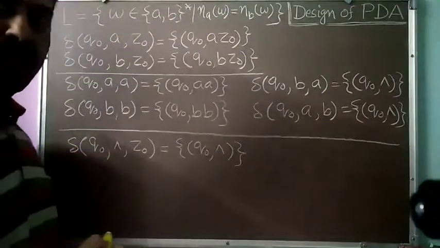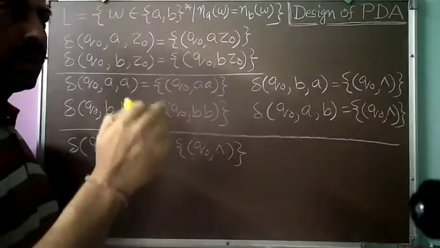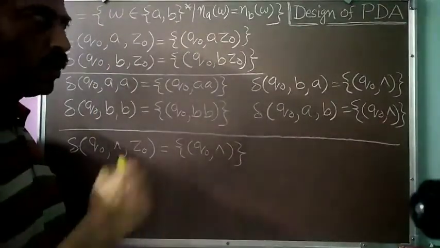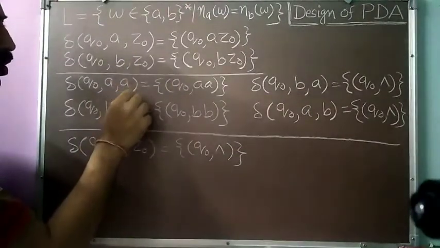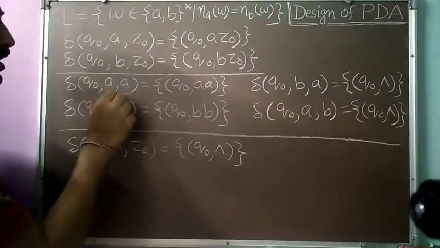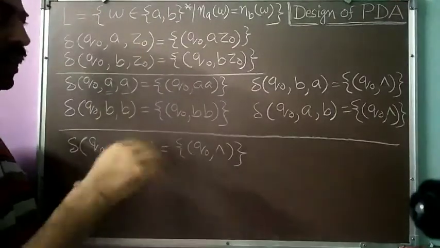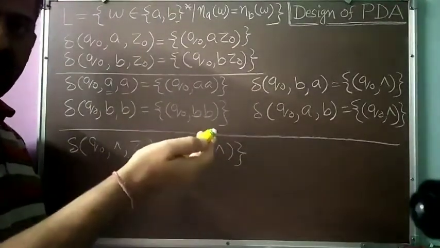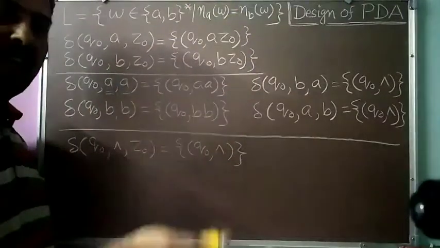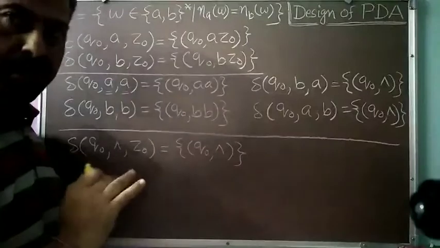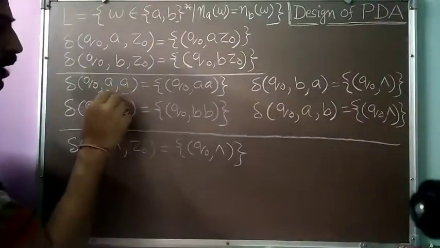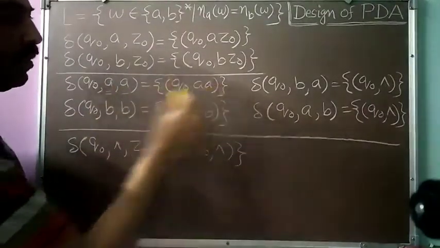Now, after pushing the first letter, there may be the situation where either A is on the top of the push down store or B is on the top. If A is on the top of the push down store and we are receiving the same symbol in the input as well, then we have to push, because the number of A's is more and we push the A's to keep a count of how many A's have come.